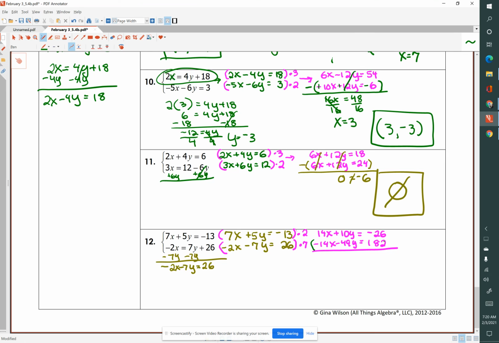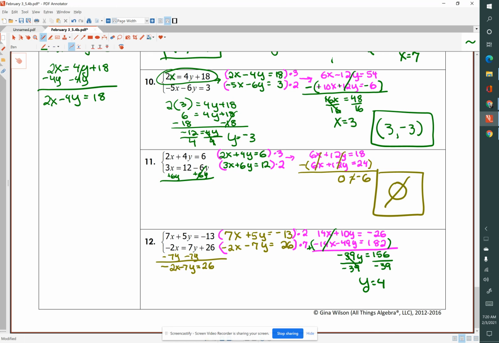We can just add the second equation to the first. 14 minus 14 eliminates those x's, and that is exactly what we wanted. 10 minus 49 is negative 39y equals negative 26 plus 182 is 156. And when we divide both sides by negative 39, you will find that indeed 156 is divisible by negative 39, and y will equal 4.